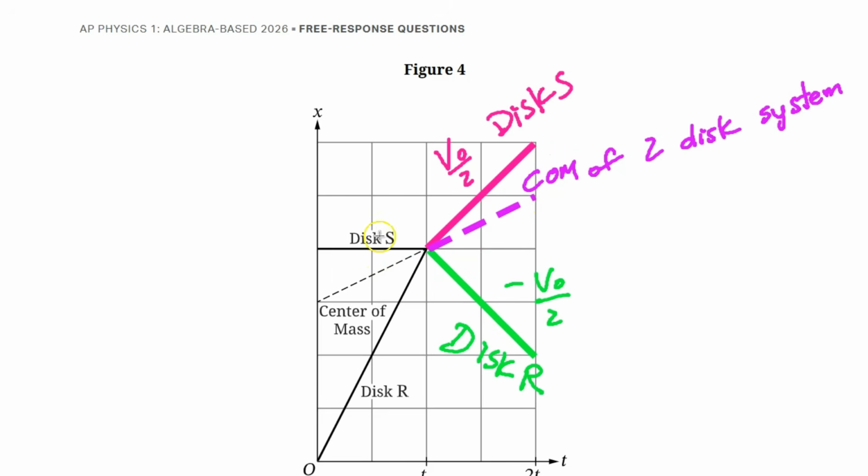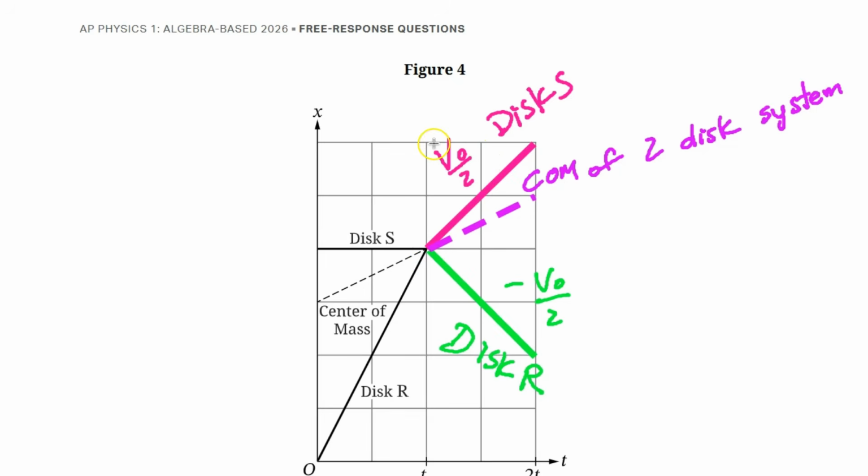Then for disk S, it's going to have a slope of v naught over 2. So if disk R had an initial velocity of v naught and it has this slope, which looks like 1, 2, 3, 4 over 2 boxes, so 4 over 2 is 2, it's a slope of 2 here, then disk S, which has half the velocity of v naught, should have a slope of 1.